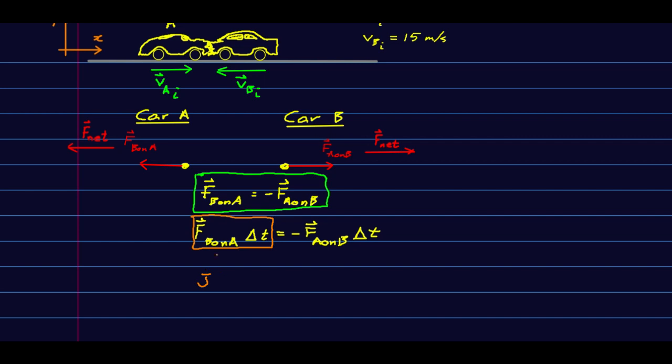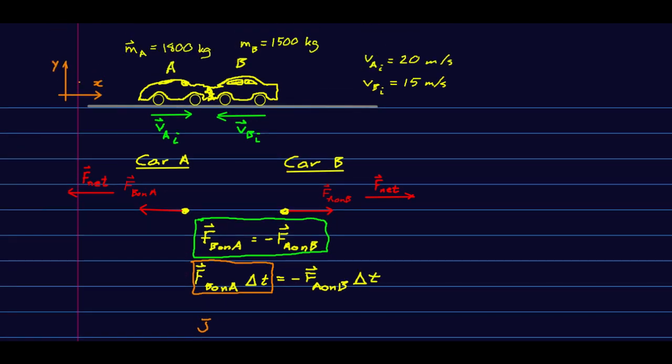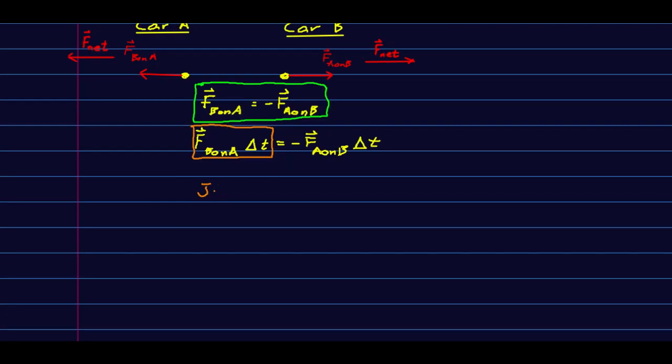So the impulse, I'm going to drop the vector symbols because this is a one-dimensional case, and so I'm just going to work with right as positive and not worry about vectors. So the impulse that B imparts on A is equal to the negative of the impulse that A imparts on B. Well, so what? We don't have force versus time curves, so how are we supposed to calculate these J's?